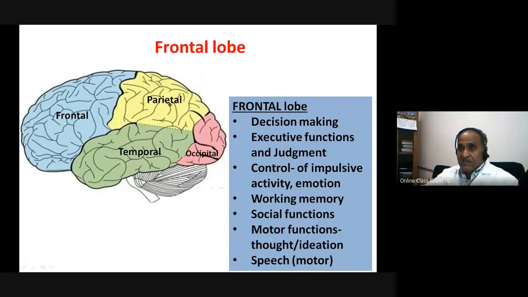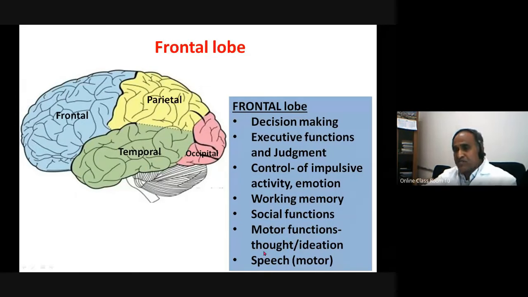In addition, this area of the frontal lobe, anterior to the central sulcus and up to this point, is the supplementary motor area and the motor area. This is the motor area and this is the supplementary motor area, and this performs the motor functions.